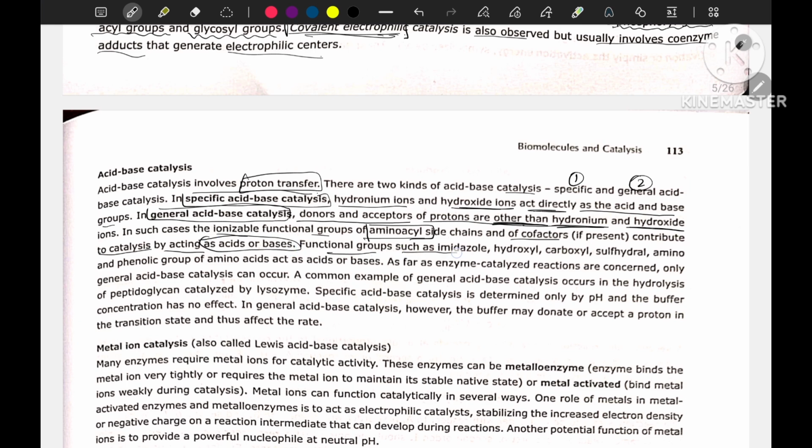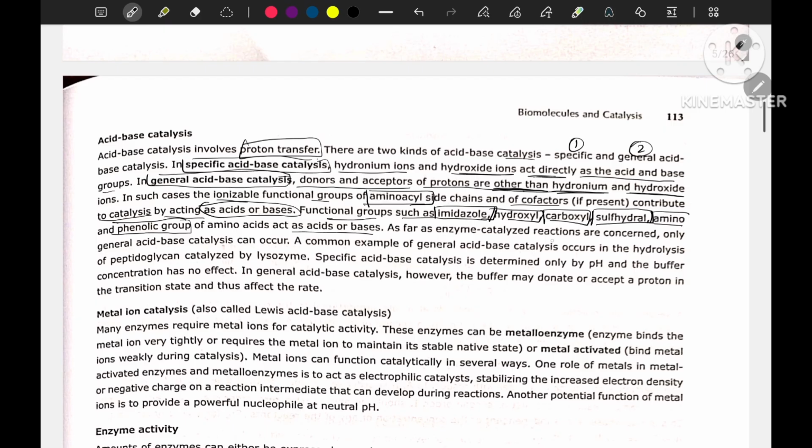Functional groups such as imidazole, hydroxyl, carboxyl, sulfhydryl, amino and phenolic groups of amino acids act as acids or bases. As far as enzyme catalyzed reactions are concerned, only general acid-base catalysis can occur.